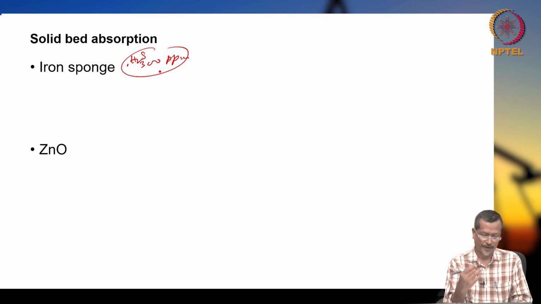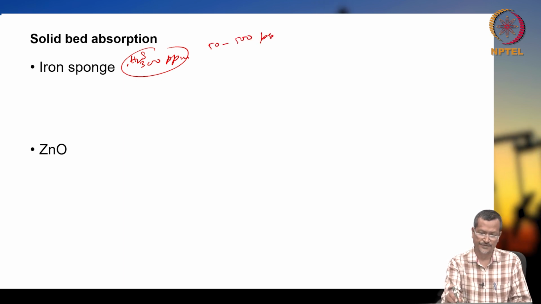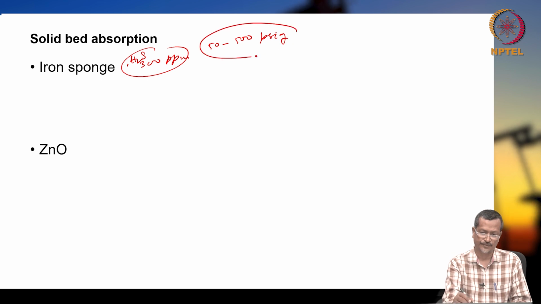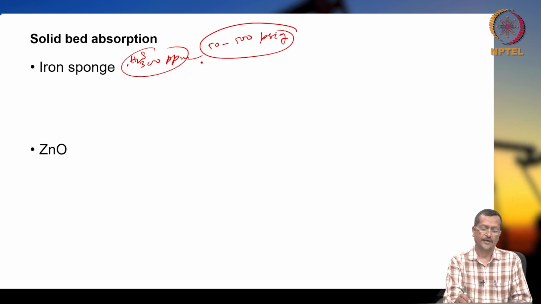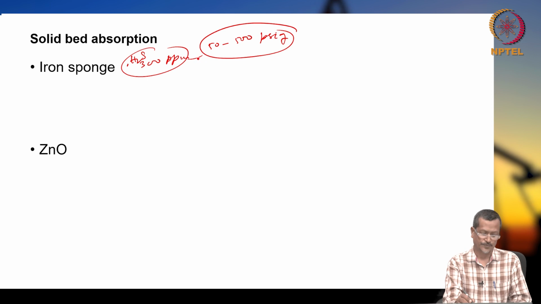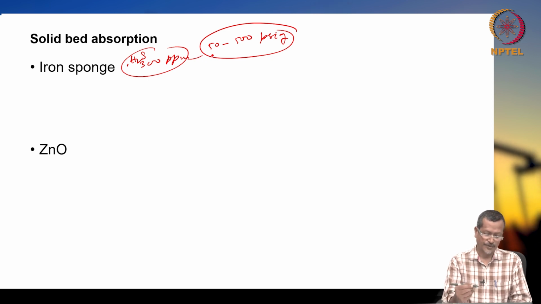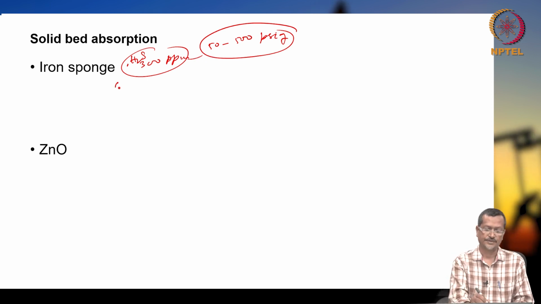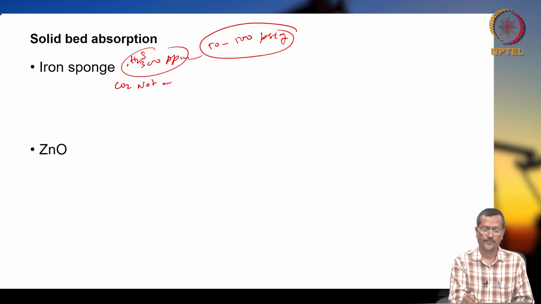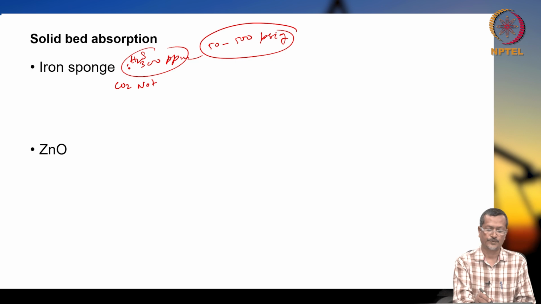Operating at low or moderate pressure, 50 to 500 psig, and within this H2S range, normally an iron sponge can be used. Carbon dioxide is not removed by the iron sponge process.